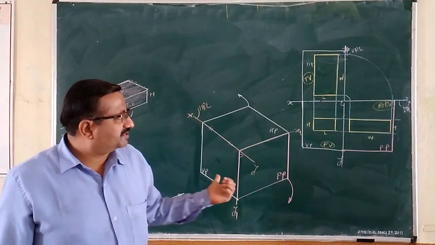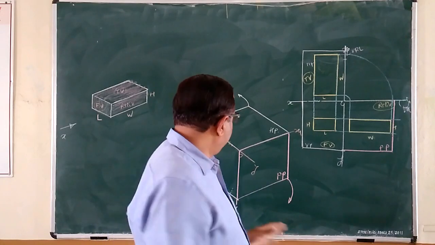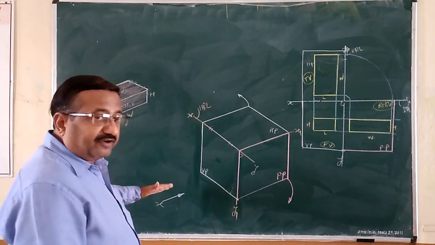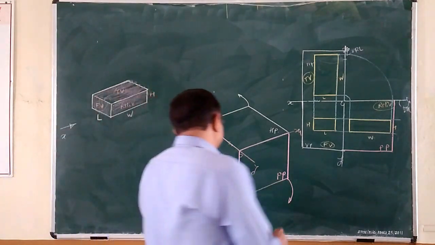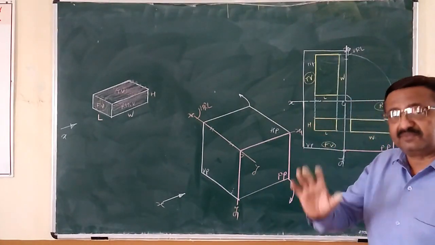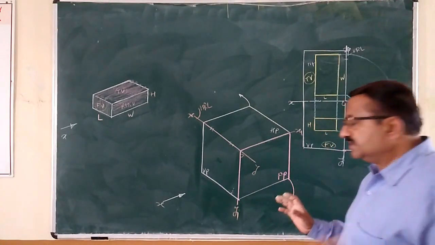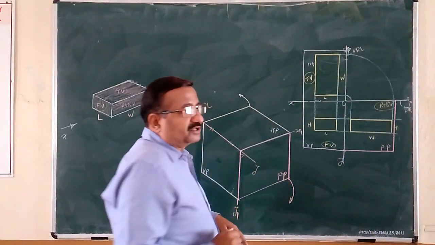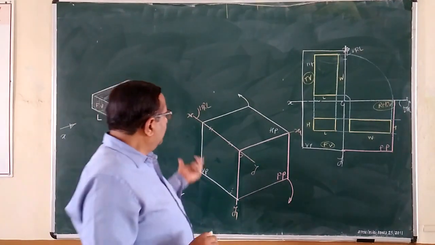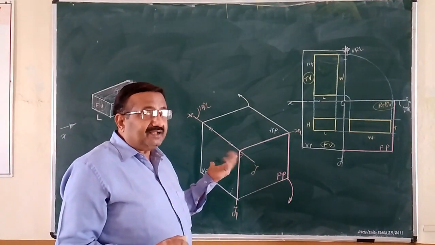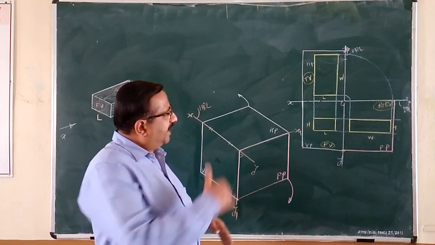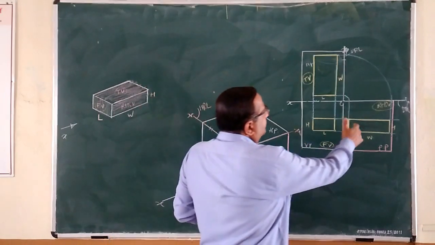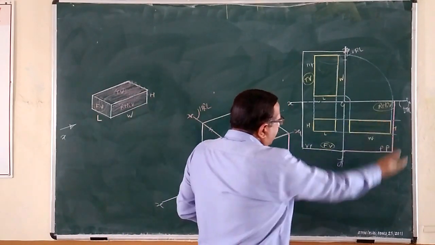In the earlier case we have seen, when the orientation of the observer is changed to 90 degrees, when the observer observes in this direction, in the same third quadrant, when the object is in the third quadrant, that is why in a third angle method question, left hand side view will emerge on left of the front view and right hand side view will emerge on right of the front view.